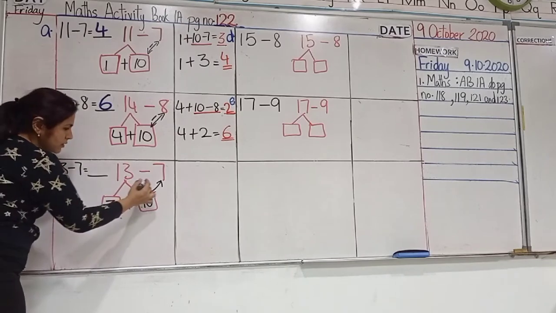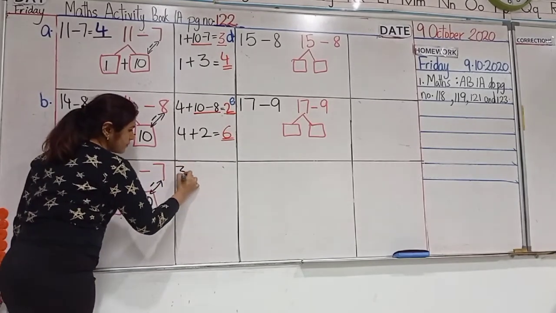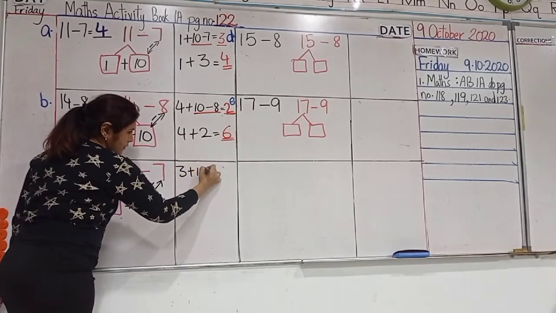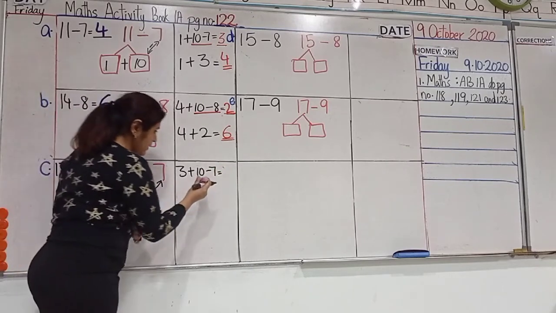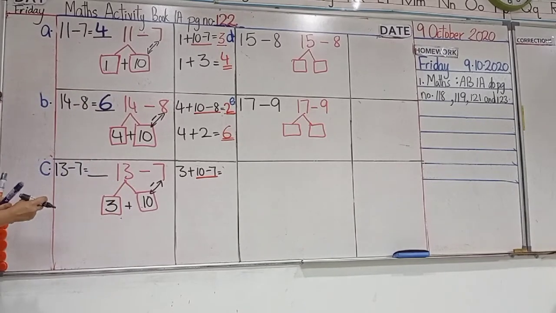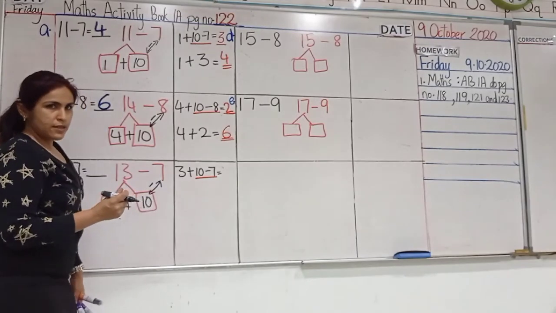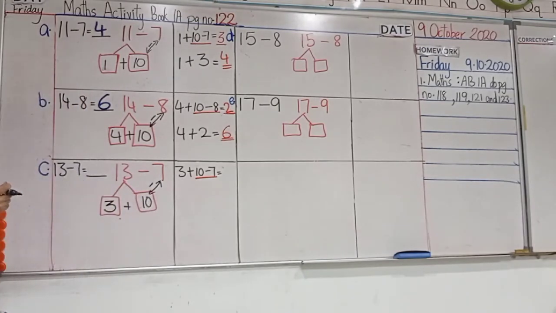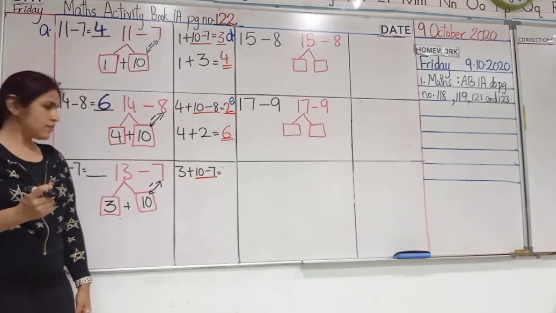Now, arrow pointing to 10 and 7. Put the minus sign. What's the next step? 3 plus 10 minus 7. Okay, next step. Underline 10 and 7. Next step. Equals to... Take away 7 from 10. 3. 3.